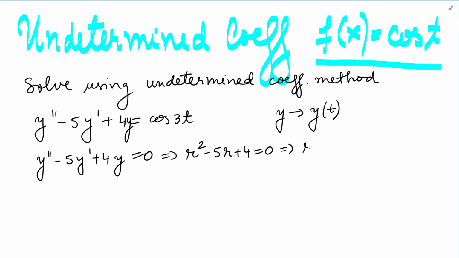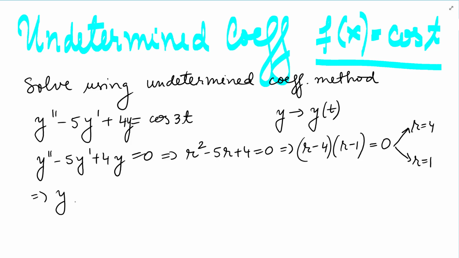We can solve this equation by factoring, and the factors are r minus 4 and r minus 1, or quadratic formula, or whatever method. This produces r equals 4 and r equals 1, which means the general solution of the homogeneous equation is c1 e to 4t plus c2 e to t.